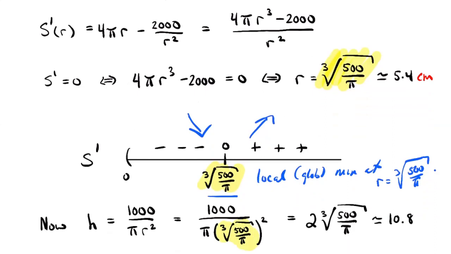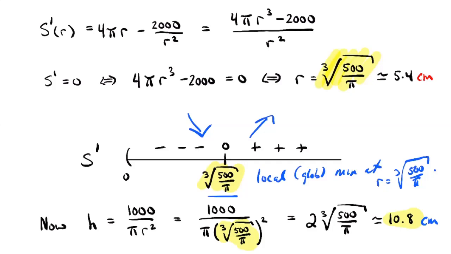That simplifies nicely to 2 times the cube root of 500 over pi, or 2 times r. Right, so 2 times that cube root, or approximately 10.8. And again, the units there would be centimeters. Right, it's an interesting fact, actually, that the surface area is minimized when the height of the can is precisely 2 times the radius.